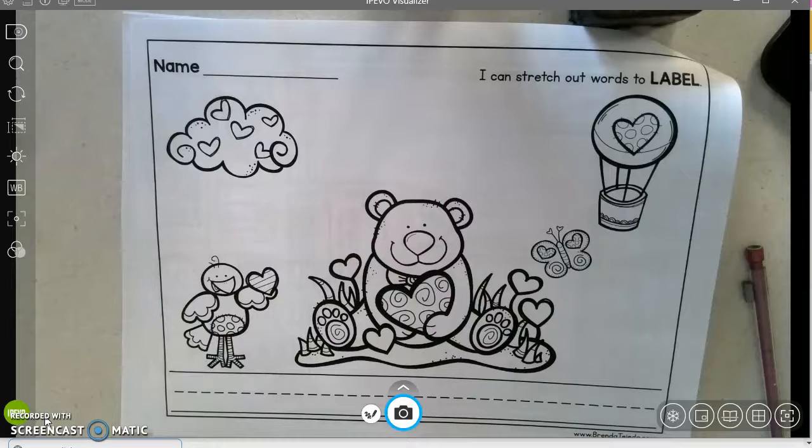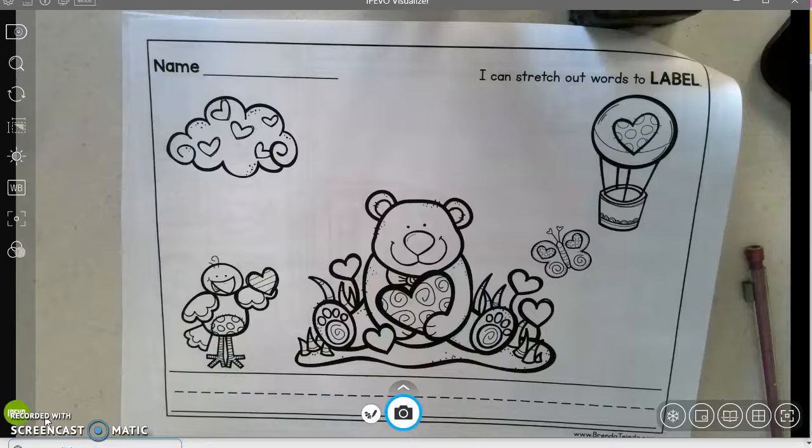Today for writing, I wanted to reach out and talk to you a little bit more about labeling. When we do our pictures, we like to label, and that's one of the ways that we tell our story, not only through just drawing the pictures, but also adding labels to our pictures.